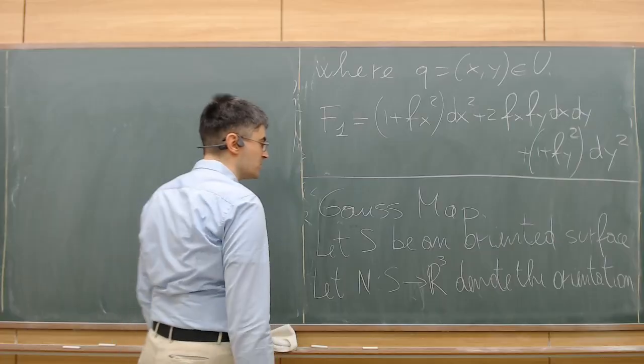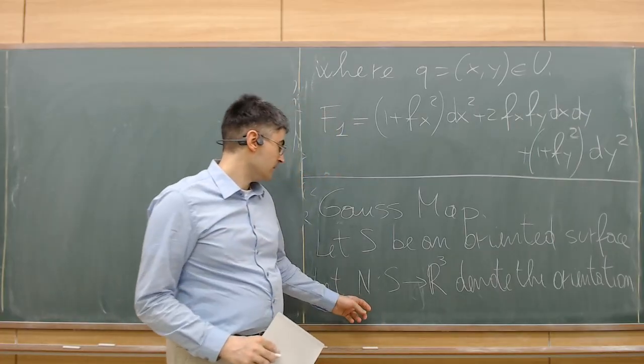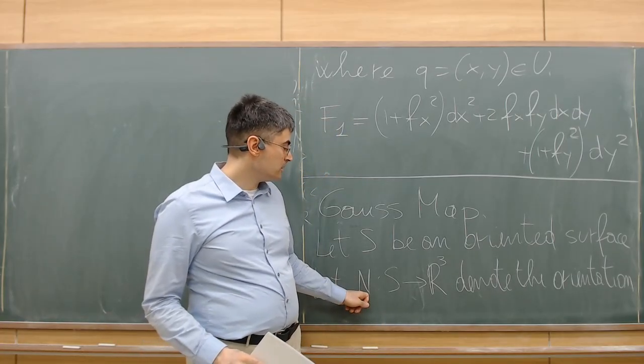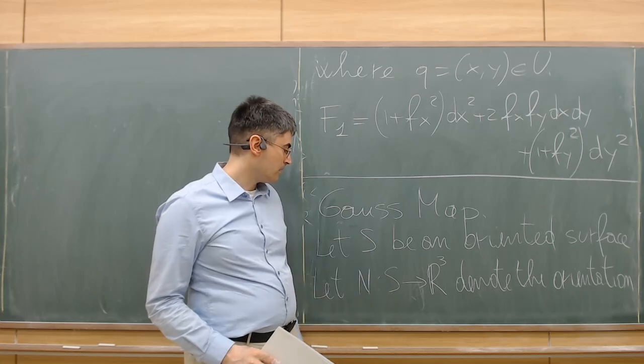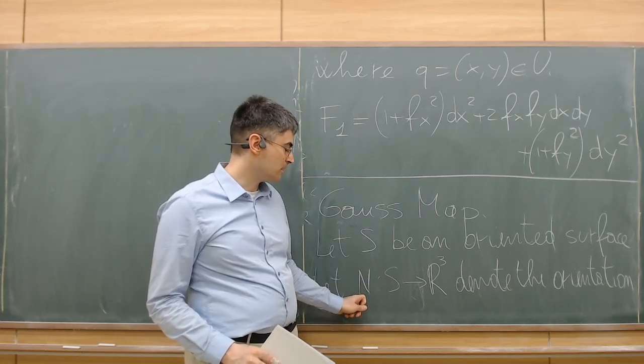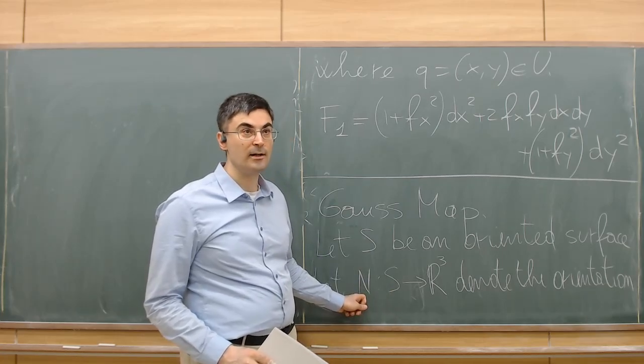So this means that we have a vector field on S. For each point of S, this map gives us a vector of length 1.